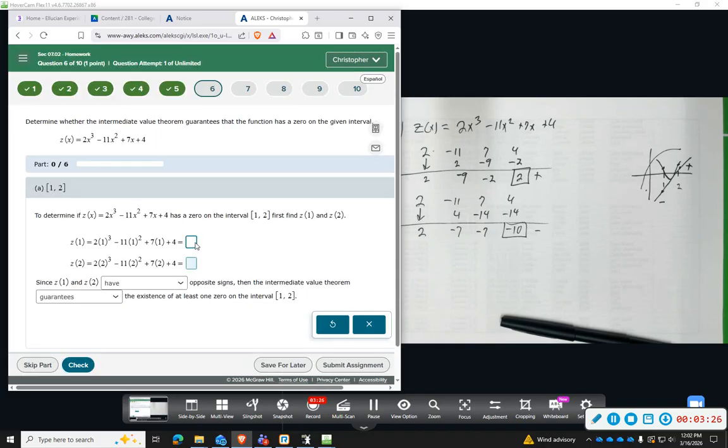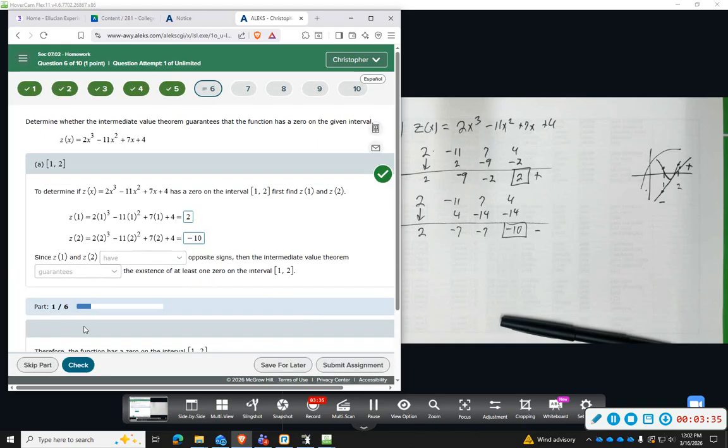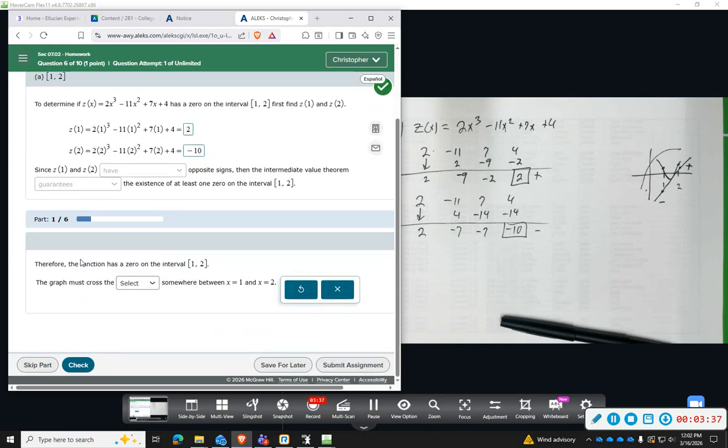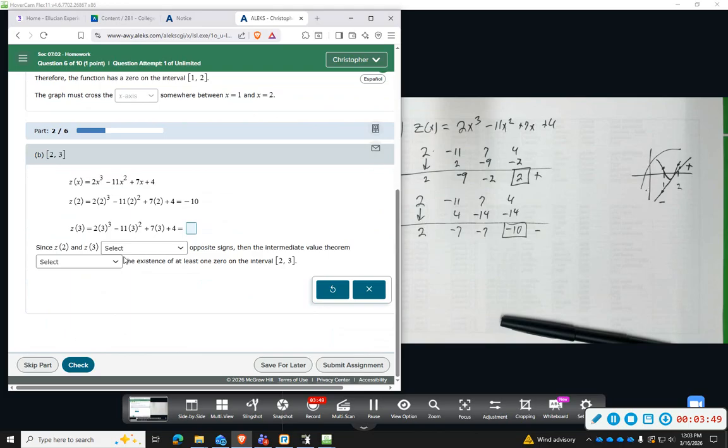All I need to put in the values. We got 2 and negative 10. All right. And then it says, therefore the function has a 0 on the interval. The graph must cross the x-axis somewhere between 1 and 2. So this is just further explaining intermediate value theorem.